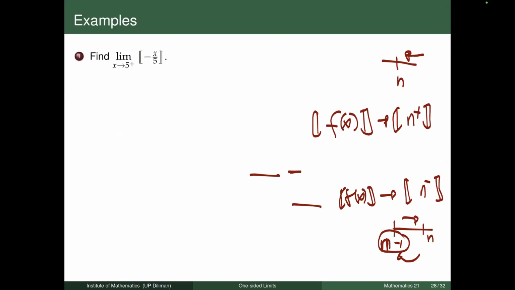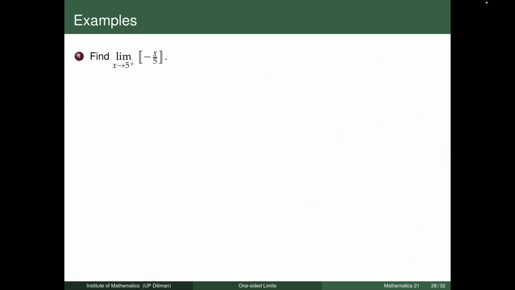Okay? So for example, what is the limit as x approaches 5 from the right of the GIF of negative x over 5? So when x is approaching 5 from the right, that means x is greater than 5. So that means x over 5 is greater than 1.